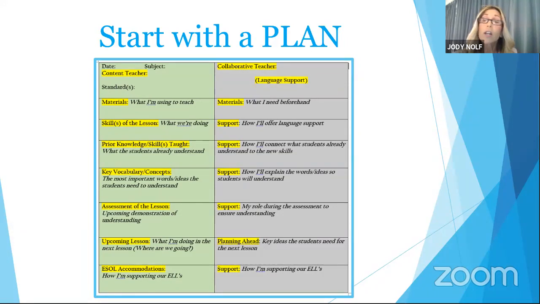Some teachers are going completely solo, but this template is easy to use no matter what model your classroom uses with your ELLs. So I want to show you the basics, and we're going to break it down into halves.